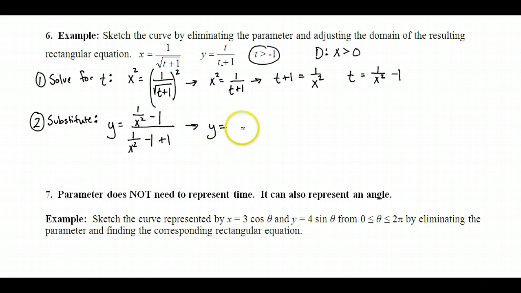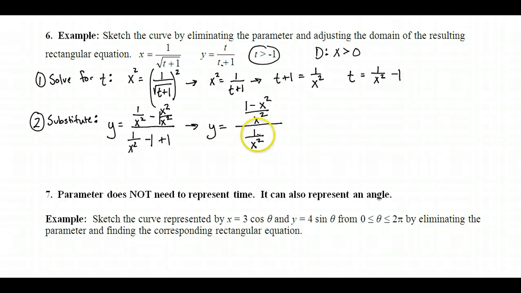So then y is equal to, the denominator is nice: I have 1 divided by x squared. In the numerator, I would have to get a common denominator. To eliminate too many steps, I'd call the 1 x squared divided by x squared, which is equivalent to 1. And now my numerator is 1 minus x squared divided by x squared.